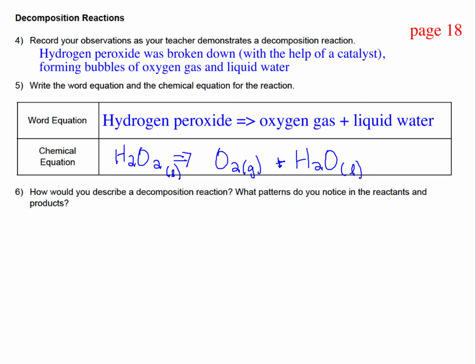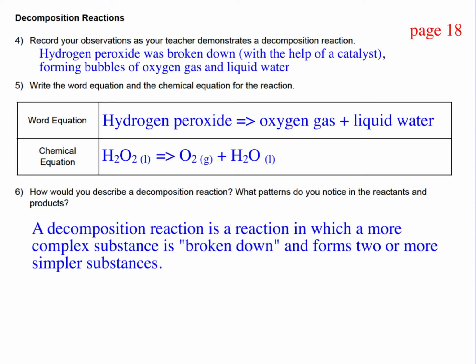So the question is, how would you describe a decomposition reaction? Well, a decomposition reaction is a reaction in which a more complex substance, H2O2, a compound, is broken down and forms two or more simpler substances, in this case, oxygen and water.